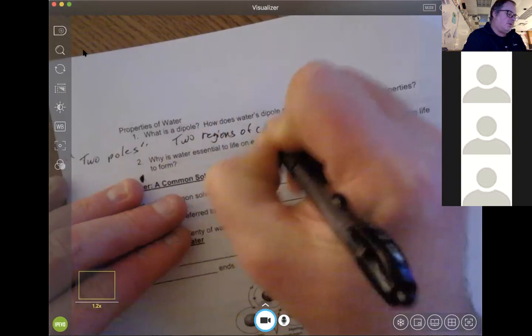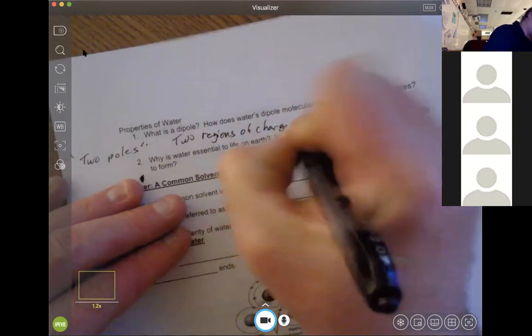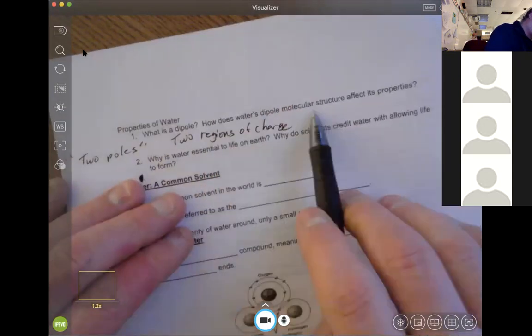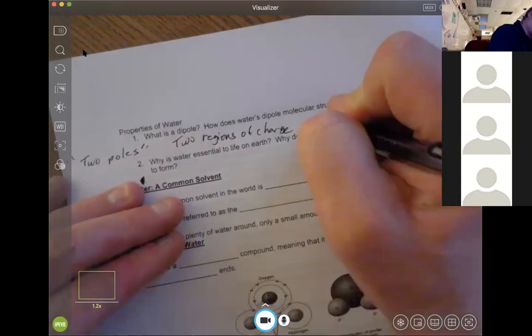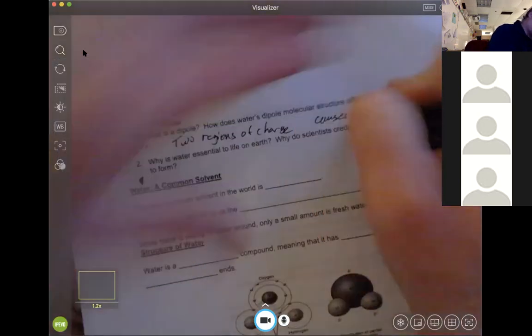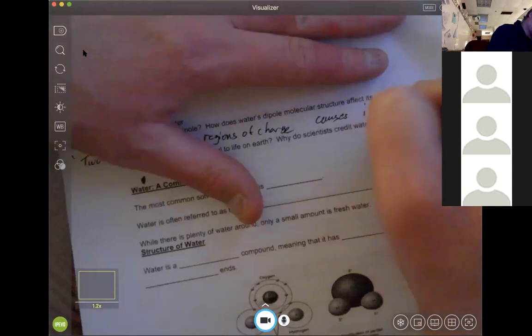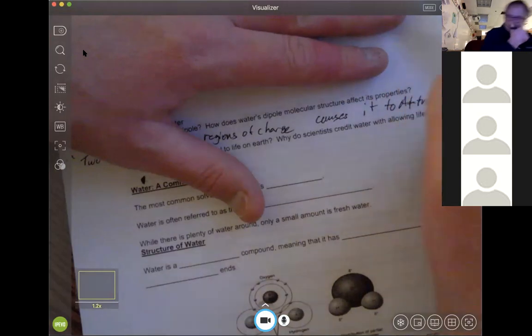How does water's dipole molecular structure affect its properties? Causes it to attract to itself and others. Right?